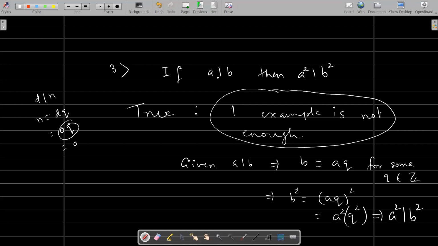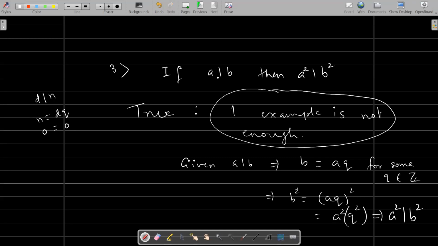But this would work even if A and B are both 0. Yes, so you would have to claim that 0 divides 0, and according to this definition, it works. But 0 upon 0 is not an integer.